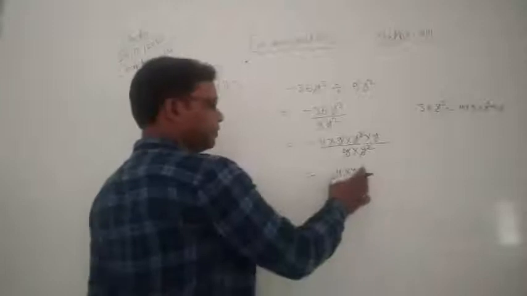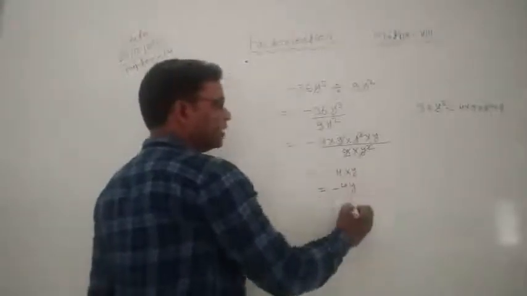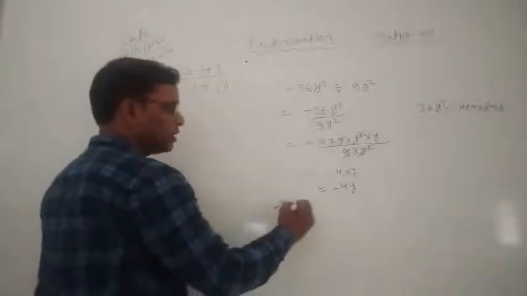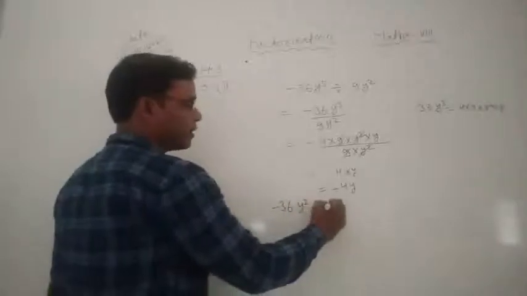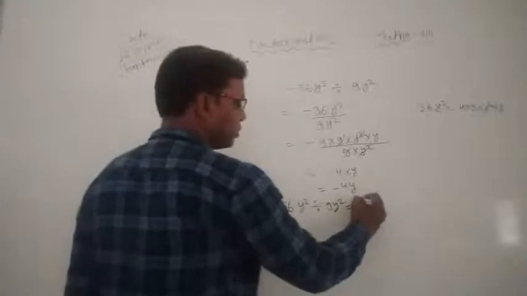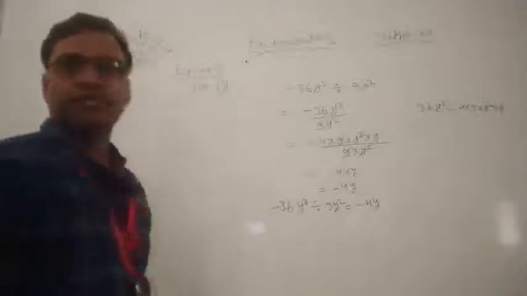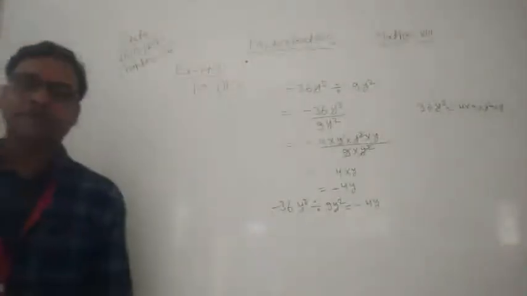So this is your division, minus 4y. In this way, if you divide minus 36 y power 3 by 9 y square, then you obtain minus 4y. This is clear.